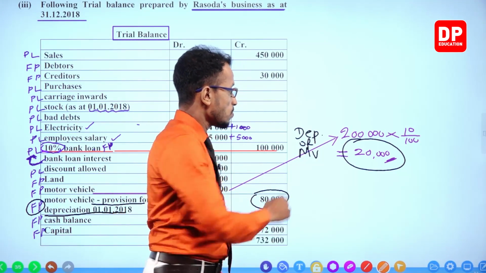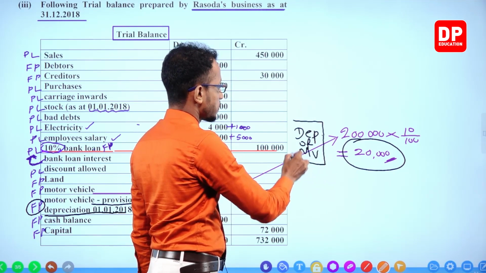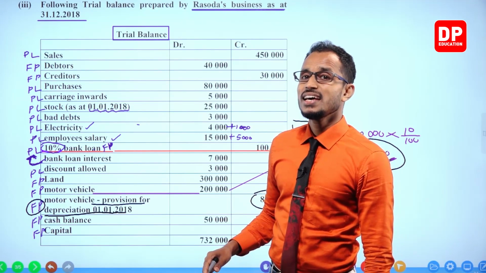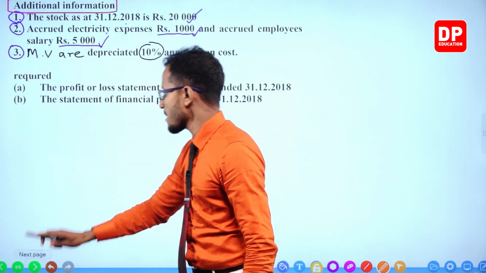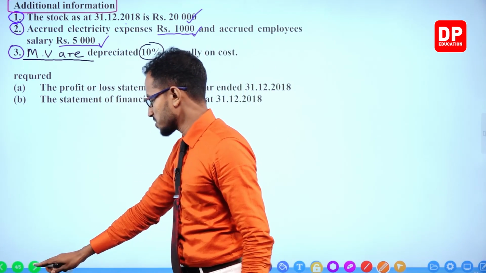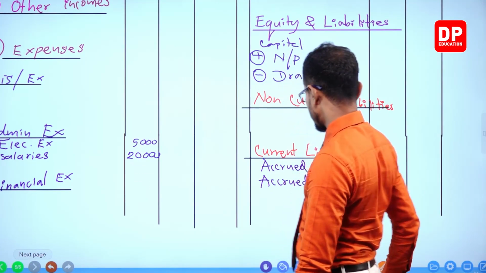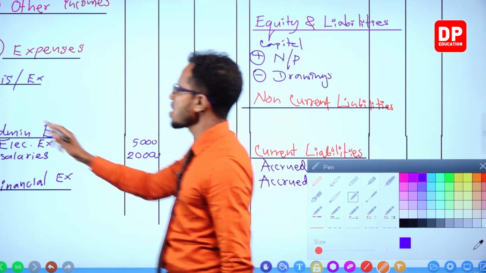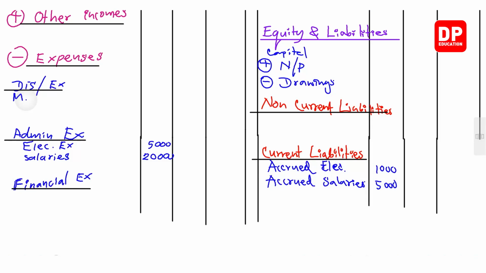And because this is motor vehicle depreciation, which expense? It should be a distribution expense. Motor vehicle depreciation. Let's enter under distribution expenses motor vehicle depreciation.